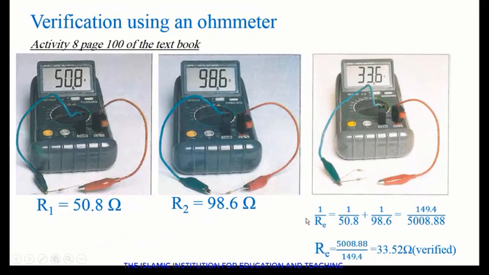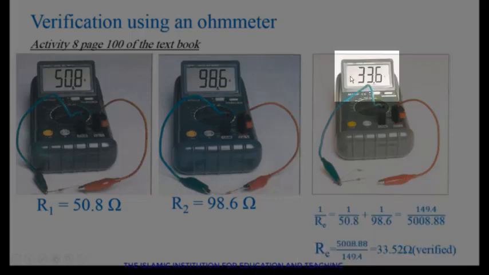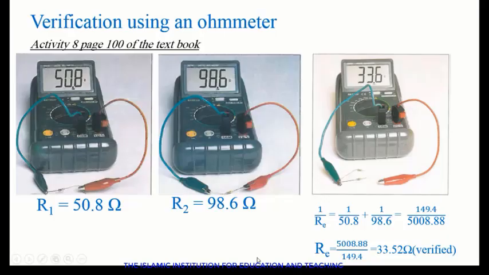Here, if we apply the previous formula we deduced, which is 1 over R equivalent equals 1 over R1, which is 50.8 ohms, plus 1 over R2, which is 98.6, we will get the value 33.52, equal to the one shown on the ohm meter. Then the formula is verified.